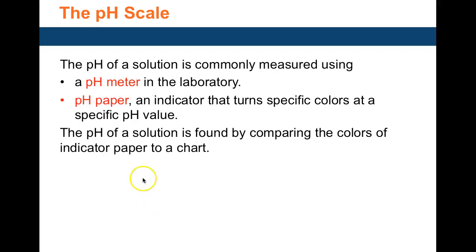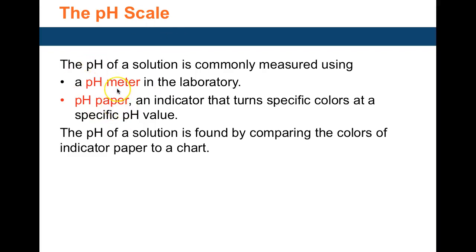pH can be measured using a pH paper. I mean, litmus is good enough to tell you what's acid and what's base, but you can take something which is colored dye paper and then compare it to set given numbers.